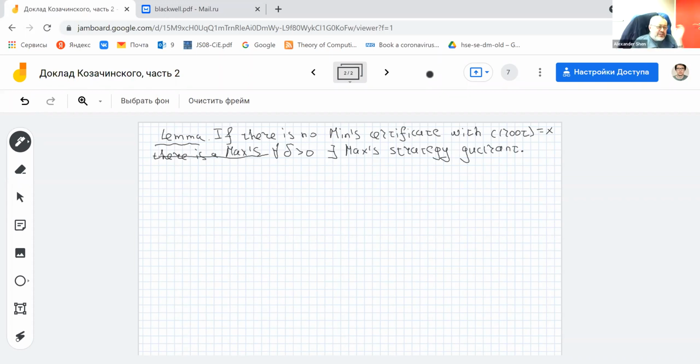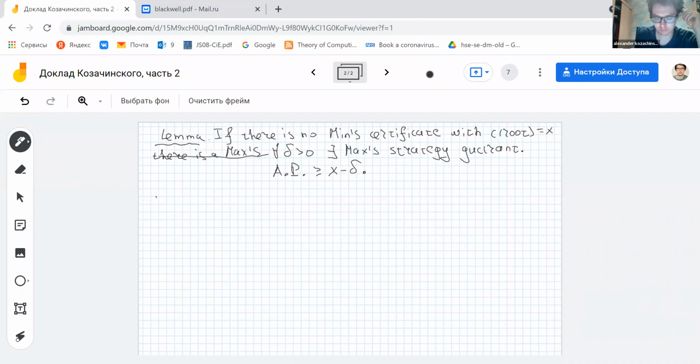So more symmetrically, if there is a gap, C1 and C2, either there is a min certificate for C2 or there is a max strategy for C1. And the question: will this max strategy also be provided in the form of a certificate? Yes, it will be provided in the form of a certificate.